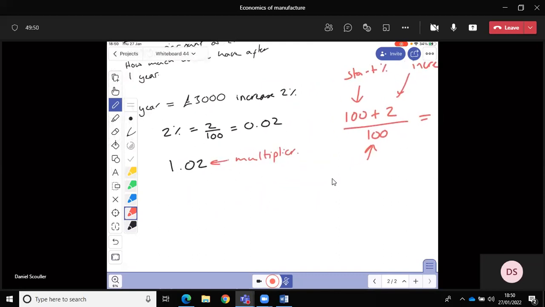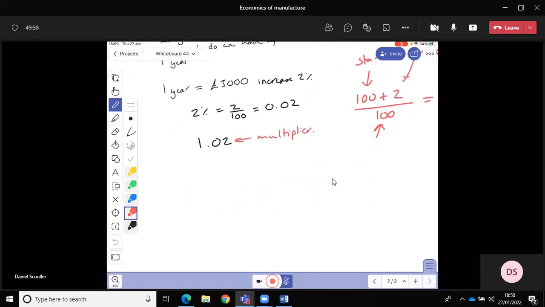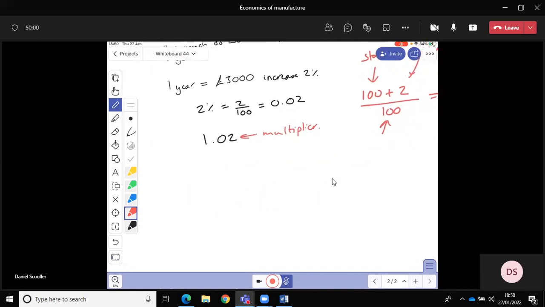That gets us our multiplier. So a 2% increase means we want to multiply by a number greater than 1. After 1 year, 3000 multiplied by 1.02, you put that in your calculator, you get 3060.